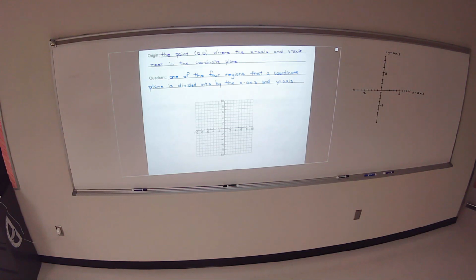One of the four regions that the coordinate plane is divided into by the x-axis and the y-axis.